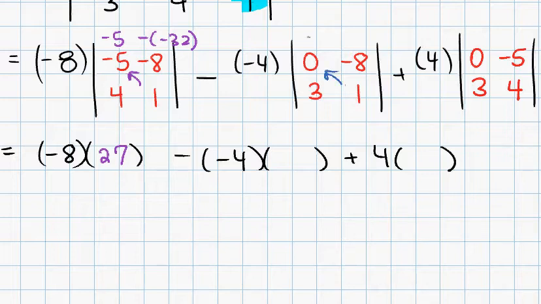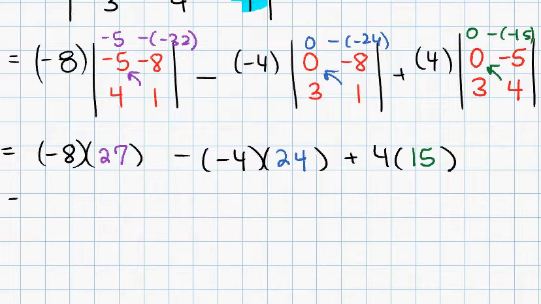Cross multiply and subtract gives us 24 for the second one. Cross multiply and subtract gives us 15 for the last one. And then if you type that all into your calculator, you should get -60.